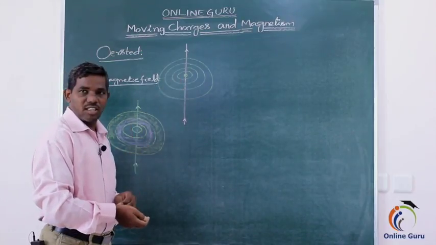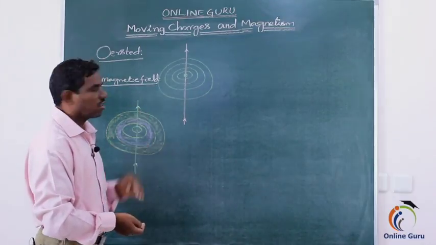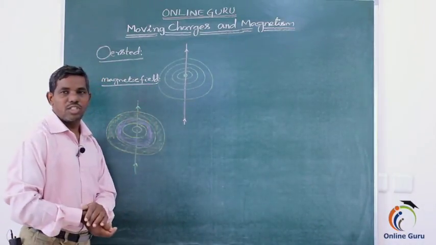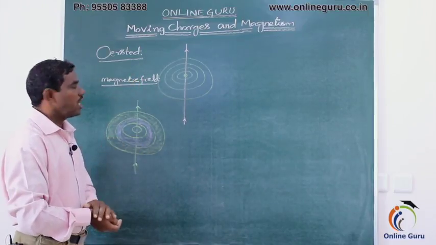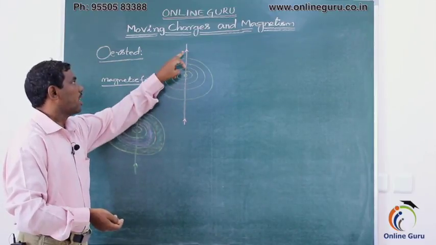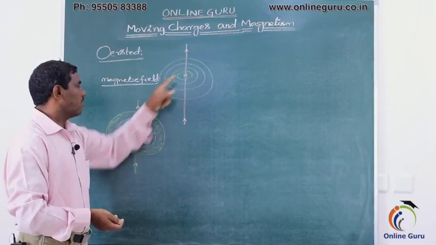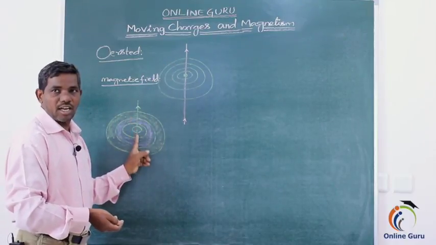Then Ampere again introduced the right hand thumb rule. Various scientists introduced various rules for determining the direction of a current as well as the direction of a magnetic field through a current carrying conductor.